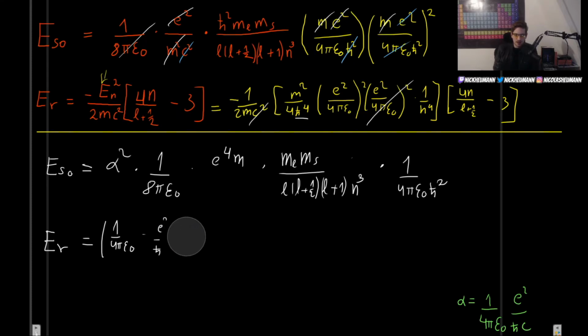All right, now that we know where everything comes from, let's rewrite this. So alpha squared, and now let's go for the rest. So a minus sign divided by 2, and this m cancels out this.